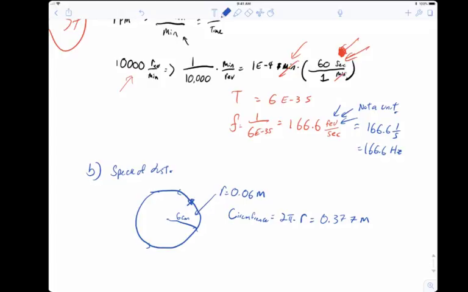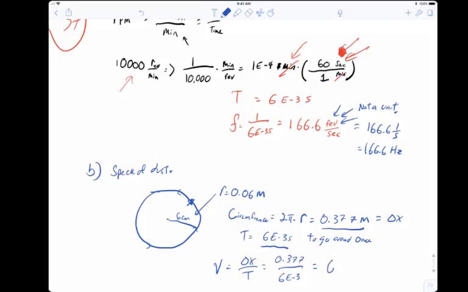I know how long it takes to go around once. The distance it travels when it goes around once is this. The amount of time it takes is this. So the speed is the circumference divided by the period. 62.8 meters per second. That is the speed of a speck.